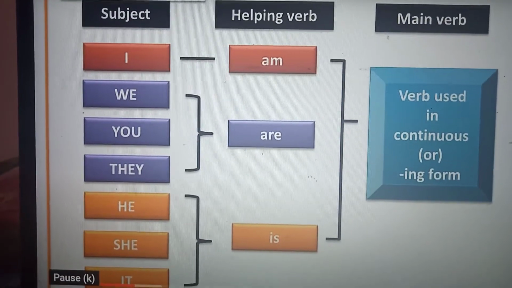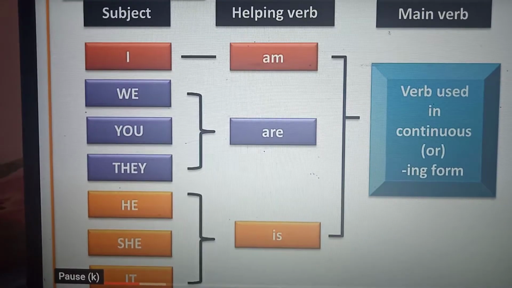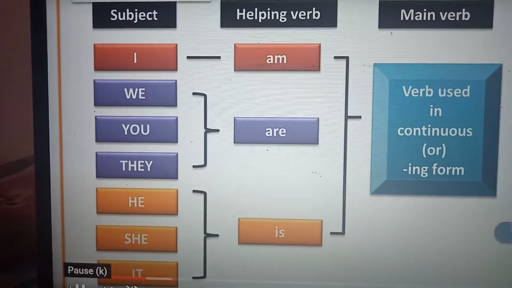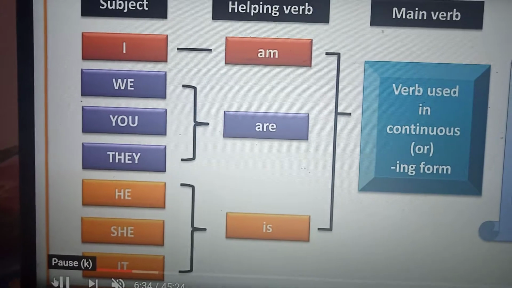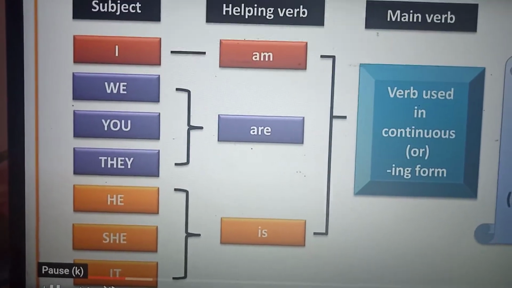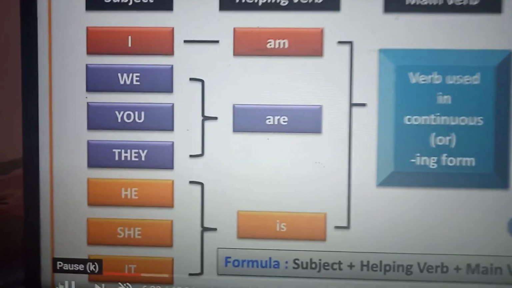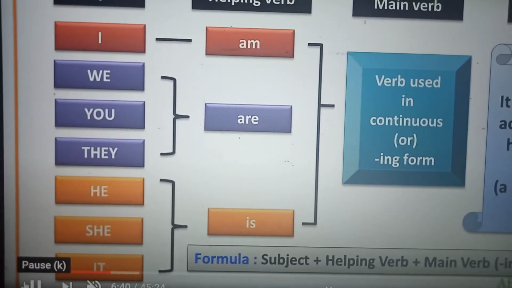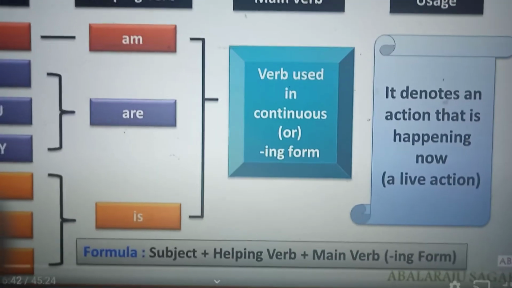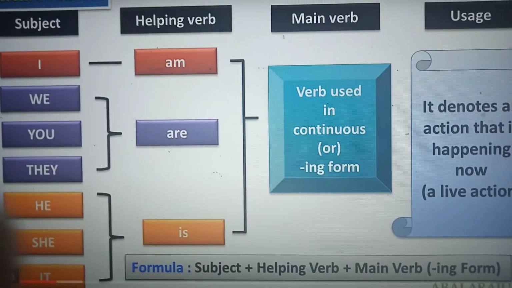The verb is used in continuous form or ING form. It denotes an action that is continuous, that is happening now, a live action.